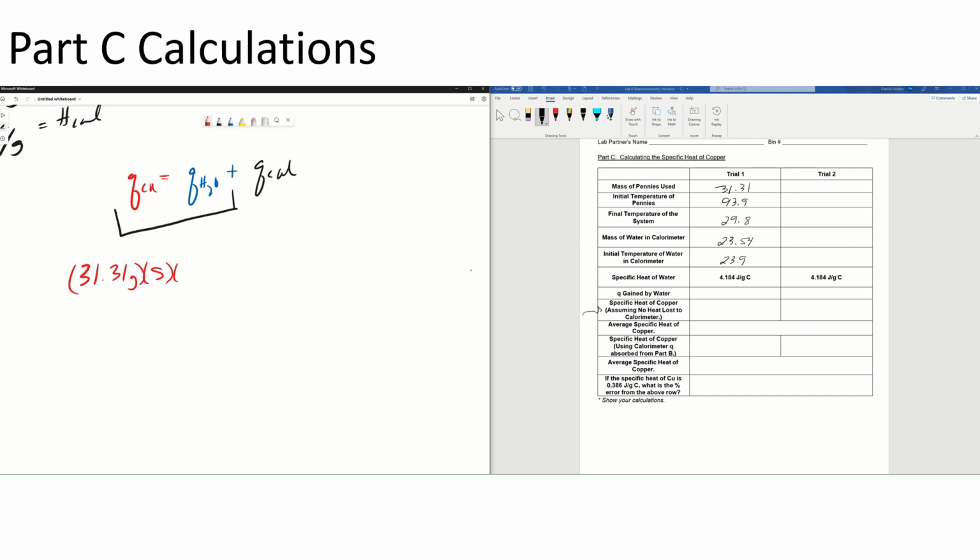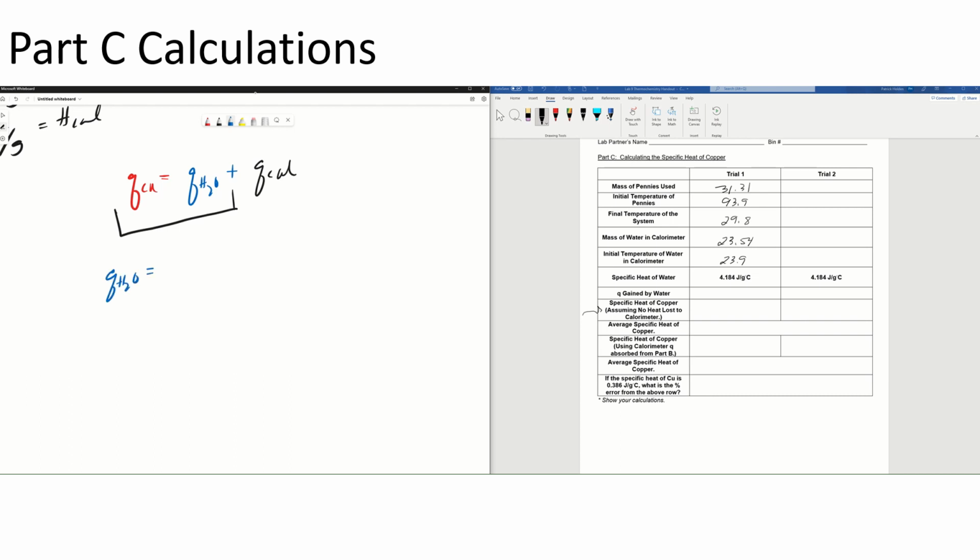So the final temperature was 29.8, and the initial temperature is the initial temperature of the pennies, which is 93.9 degrees Celsius. So we can go ahead and do part of this. Actually, you know what? Let's start with the Q of the water. I think that might make a little bit more sense since we have all of that data. Let's start with the Q of the water instead.